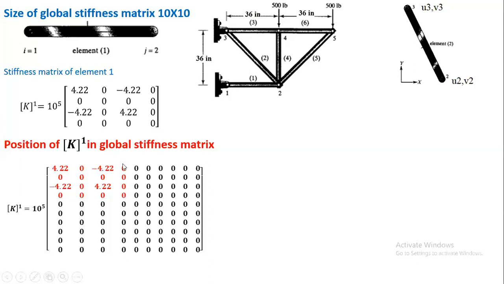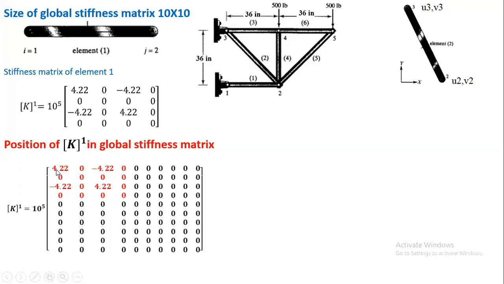This also you have to add here. Means you see here 1 1, 1 2, 1 3, 1 4, all these degrees of freedom are associated with element number 1.